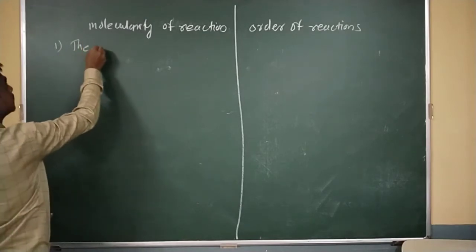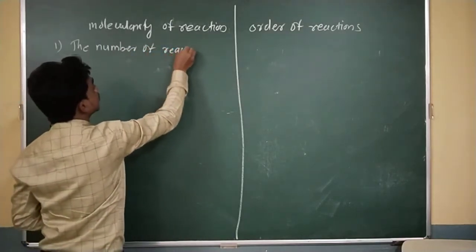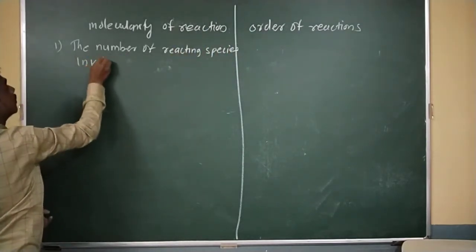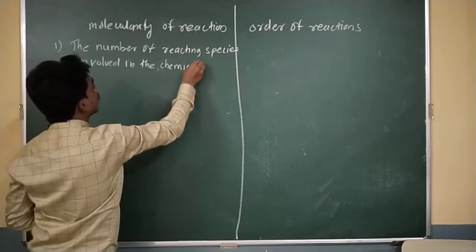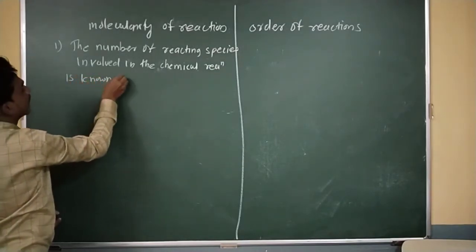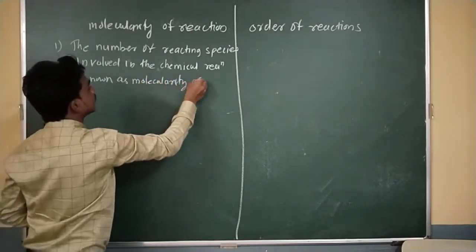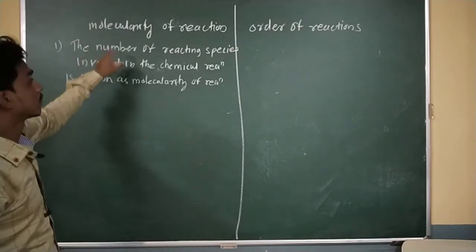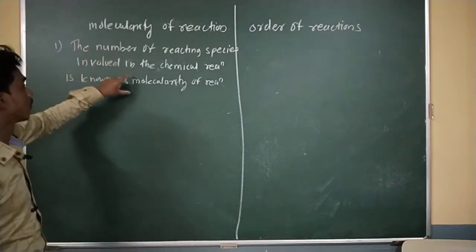Molecularity is the number of reacting species involved in the chemical reaction. This is known as the molecularity of the reaction: how many reacting species are involved in the chemical reaction.